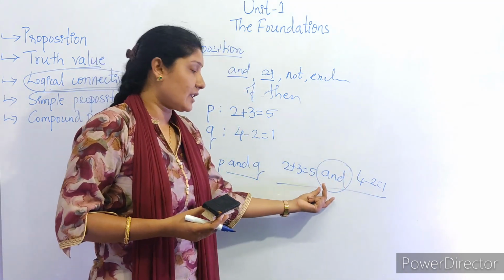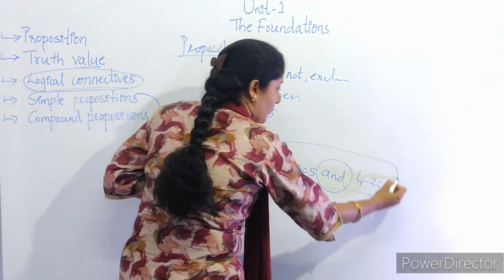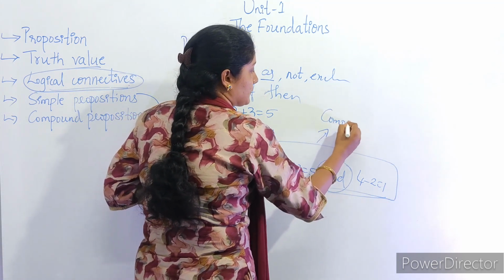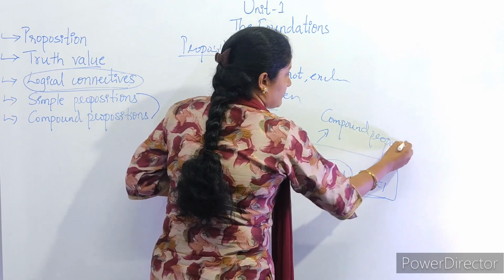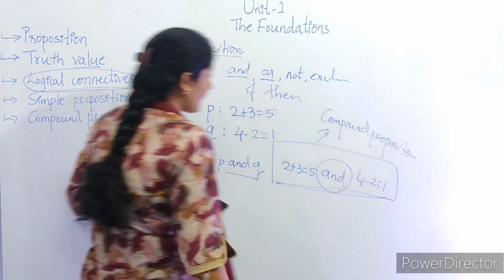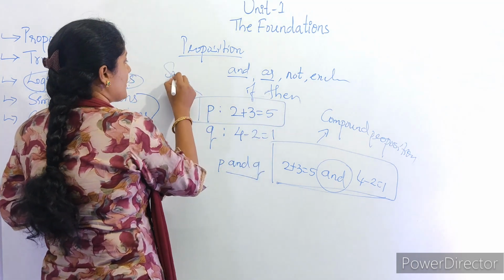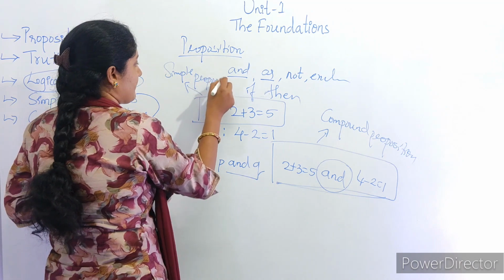So this is called as logical connective. So the obtained proposition is said to be compound proposition, whereas this proposition is said to be simple proposition.